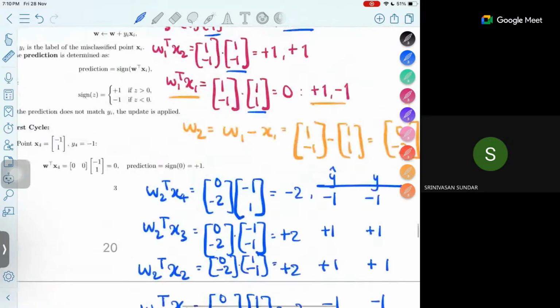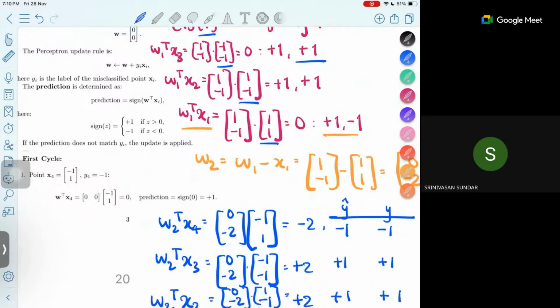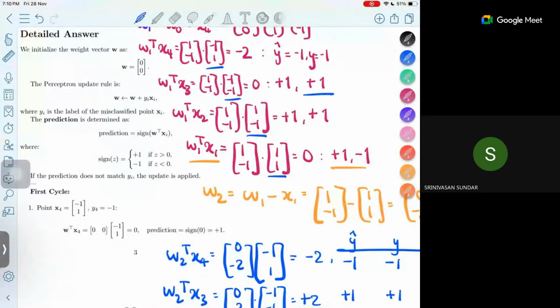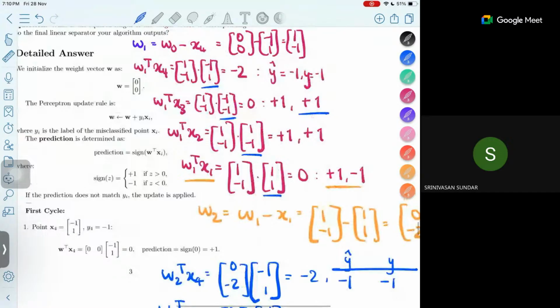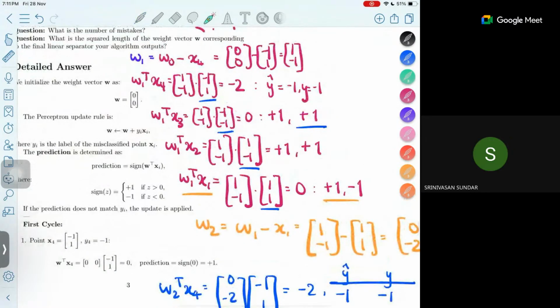You cycle through the points in, first you predetermine an order. You can't take a random order in every iteration, but in the first iteration, you have to specify some order, and every iteration you have to follow the same order, and you see at which point it makes a mistake, and you take that point.